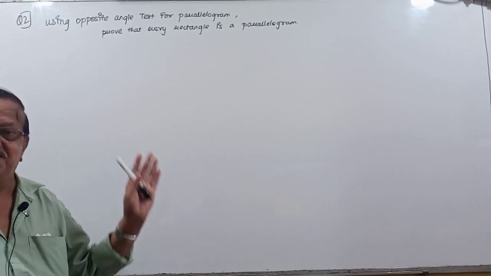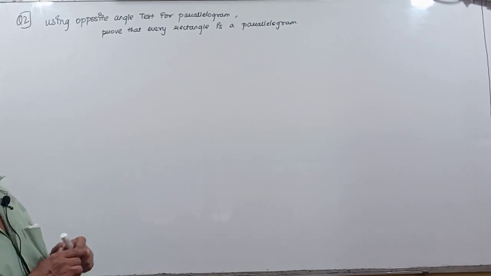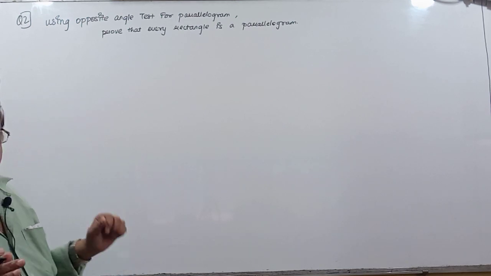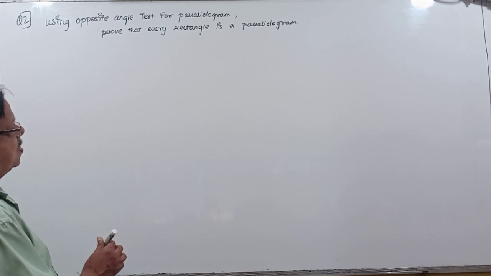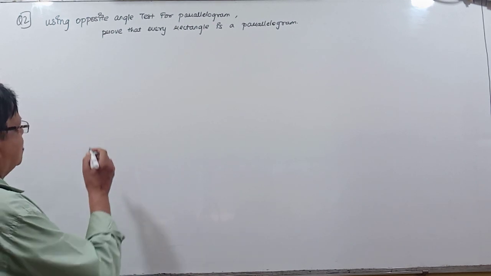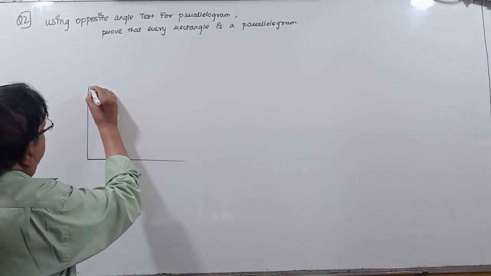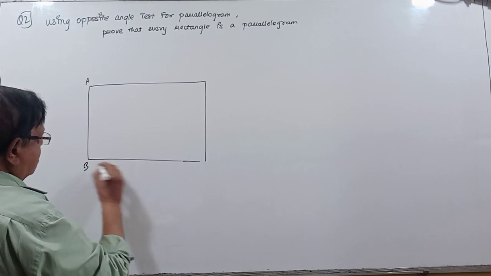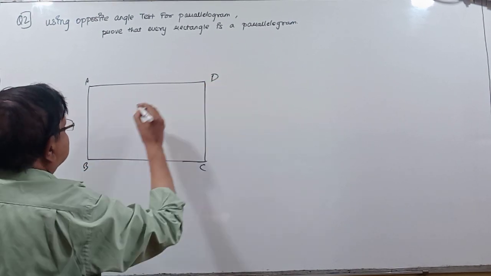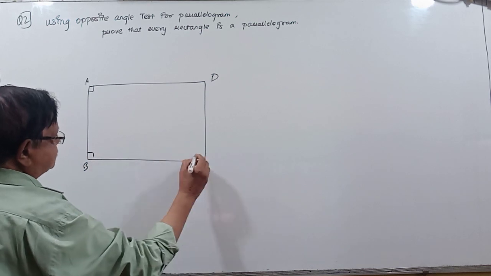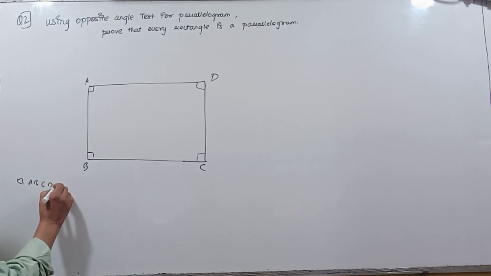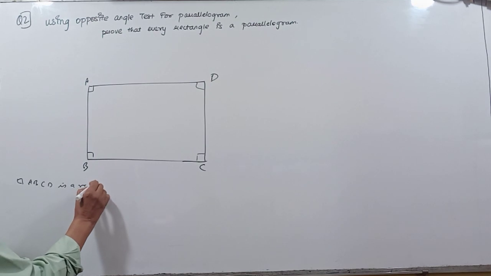Student, this is one of the easiest you can think of in the 9th standard. Very, very simple. Since you know about rectangle, you know what a parallelogram is, we can easily prove a rectangle is a parallelogram. I told you that also. Suppose quadrilateral ABCD is a rectangle.